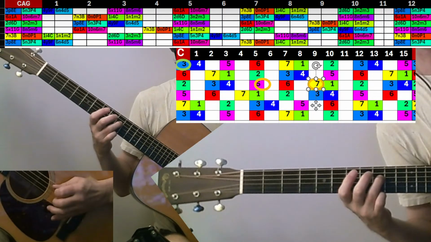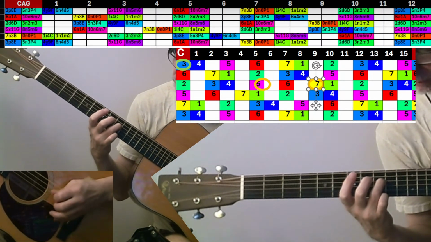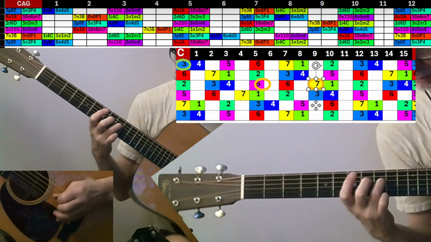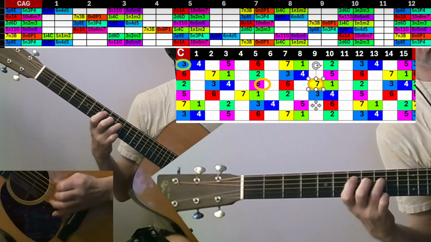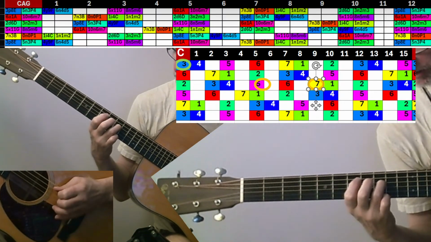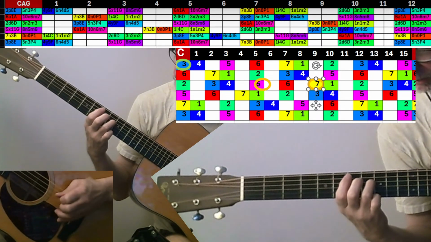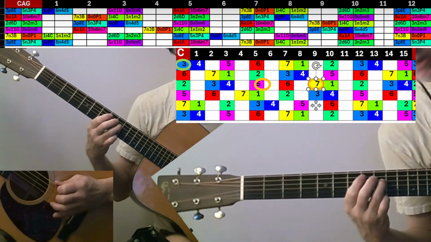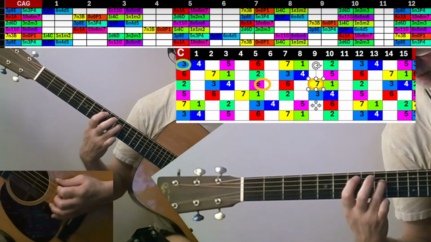So that would be up here. So no, what is that? Right? That's right here. No, that's not right. And I have another root right here.